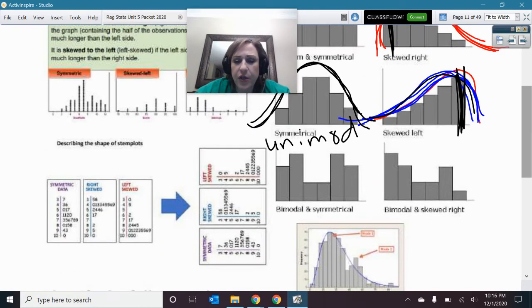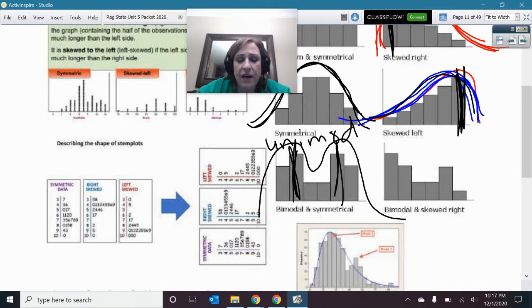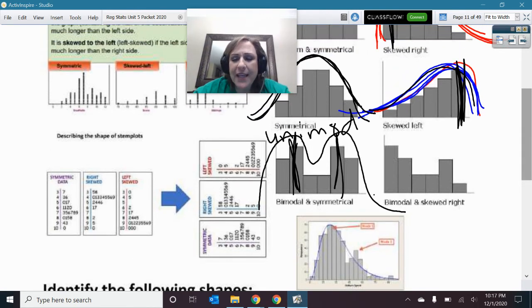But here you can see an example of a bimodal distribution because it has two main peaks. Now, keep in mind that real data isn't perfect, and so I even hesitate to have this picture on here.